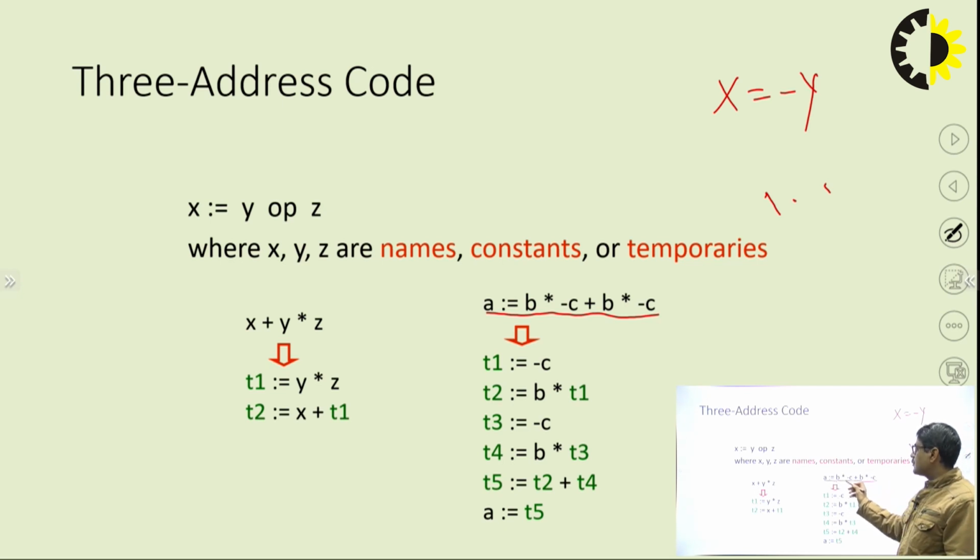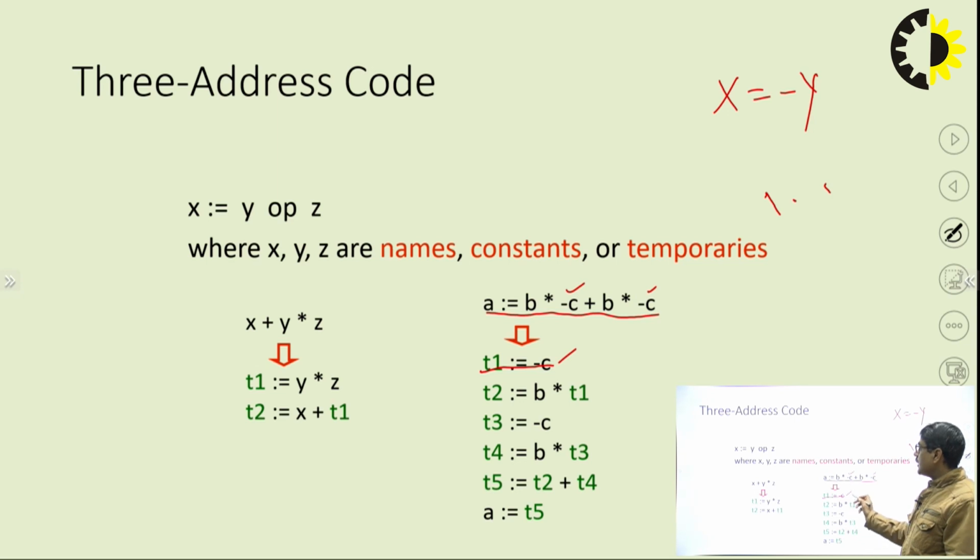Firstly, we have to find out the priority of these operations. You will see that minus has the higher priority. The expression is converted into three address code, like t1 equals minus c. There is no more than one operator in one expression.